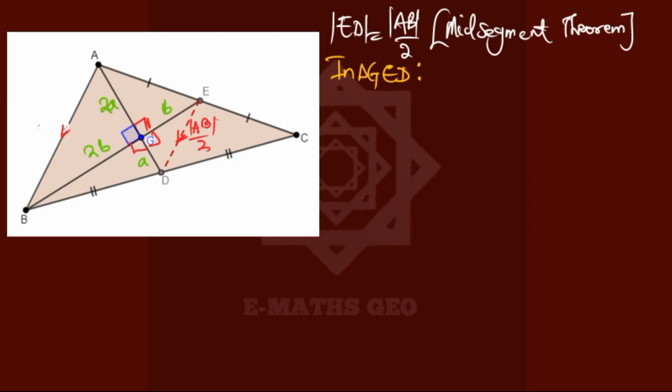So we have three right triangles now. We are going to use them to form equations. We start with the first one, which is triangle GED. Applying Pythagorean theorem, we see that a squared plus b squared is AB all squared, by Pythagorean theorem.